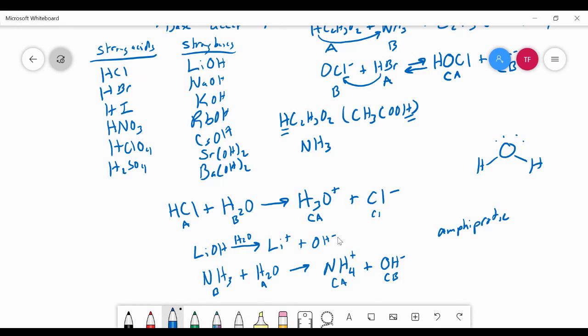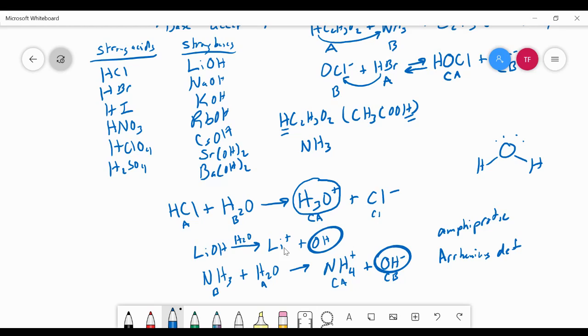Now, if you'll notice, acids produce hydronium in water because acids always give a hydrogen to water molecules to make hydronium. And that's another definition of acids and bases that you are going to need to be familiar with. It's called the Arrhenius definition. The Arrhenius definition says that acids produce hydronium in water. Bases, if you look at both of these examples here, produce hydroxide when they're placed in water.